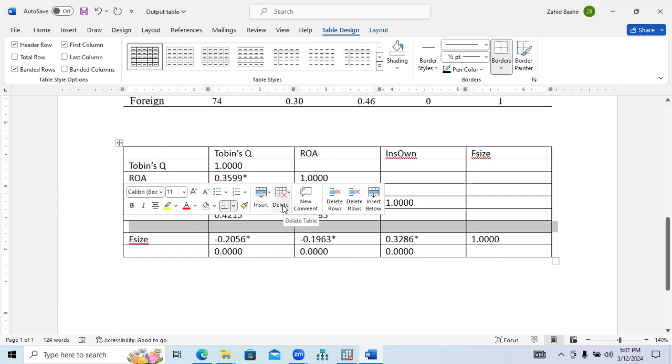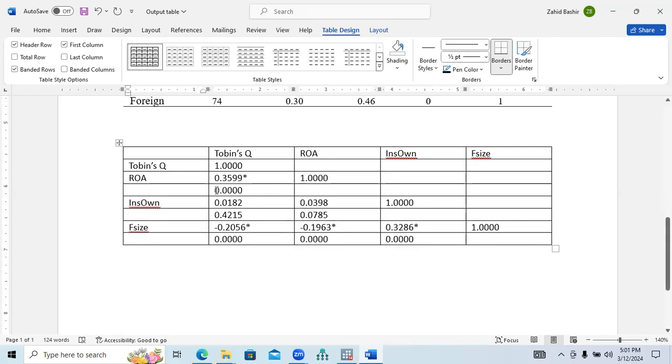The thing that you need to do next is put your p values in parentheses. It means in brackets. Put your p values in parentheses so that they can be easily identified in order to make them APA style tables. You just need to put them in parentheses just like this.